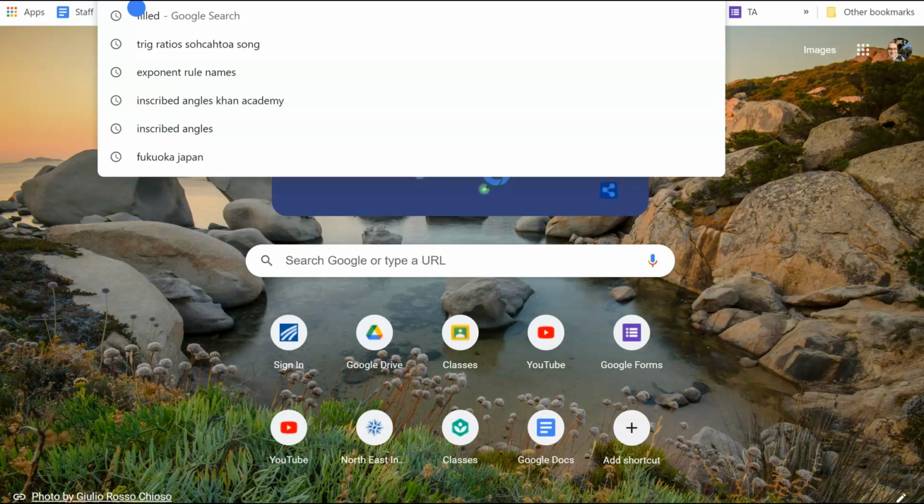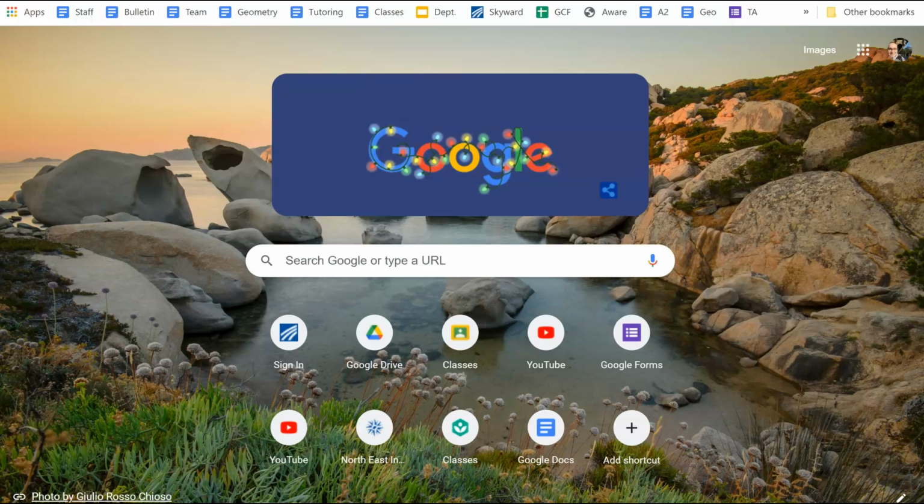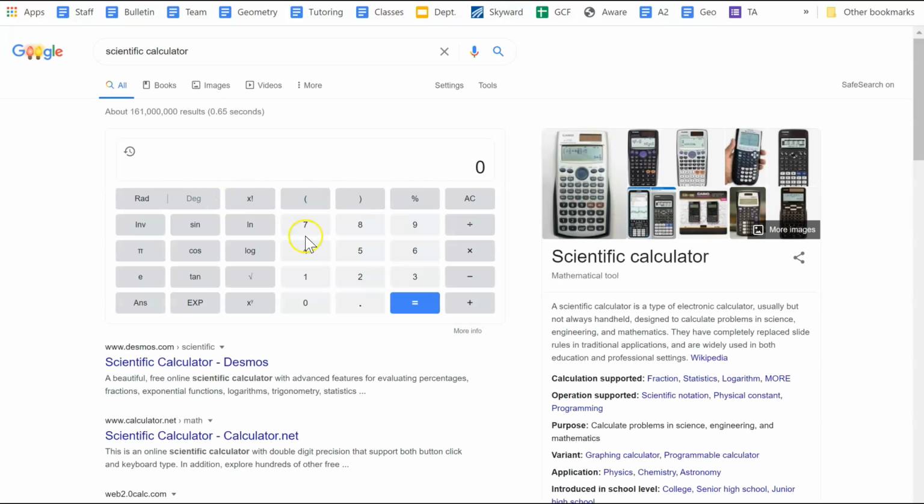Let's go ahead and see about, if you type in scientific calculator. So if you just Google scientific calculator, you'll notice that one of the first ones that comes up is the Google calculator. It has sine, cosine, tangent, but what we really need is inverse, which it actually has.